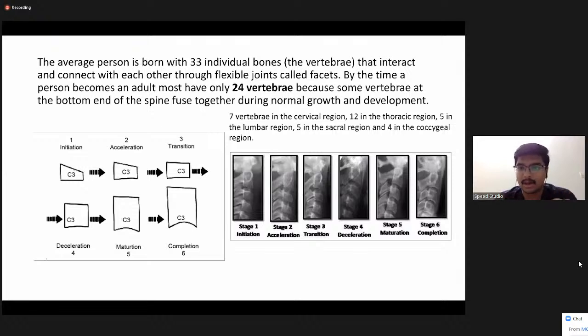The maxilla follows the growth curve of the cranium, that is the brain. That means the growth of the maxilla completes first, followed by the mandible. The mandible will follow the somatic growth curve, at 12 to 14 years of age, and it is only during this period that the mandible shows its highest increase in length.